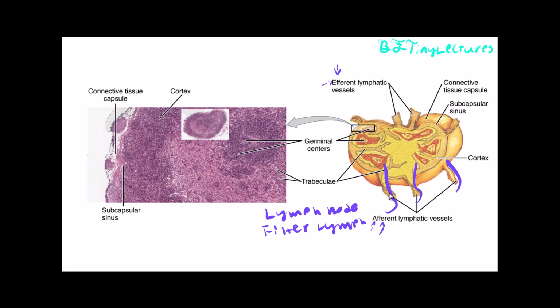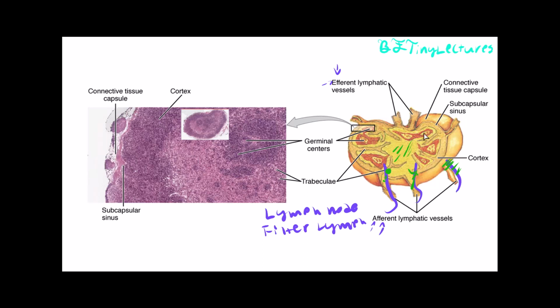When the lymph enters the lymph nodes, sometimes it has bacteria. So we can have little bacteria hanging out here, or there's a pathogen that was picked up by the lymph fluid, and now the bacteria is inside the lymph node. Well, what else is inside the lymph node? There's T cells and B cells and macrophages and dendritic cells, and when they see an intruder, they will kill the intruder inside the lymph node, and also they're going to start multiplying.